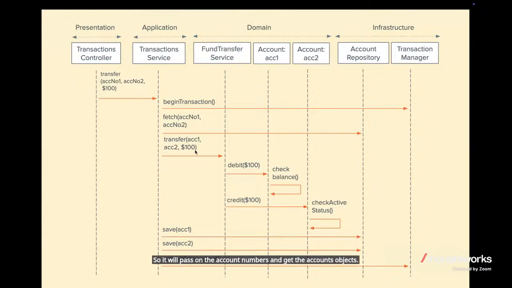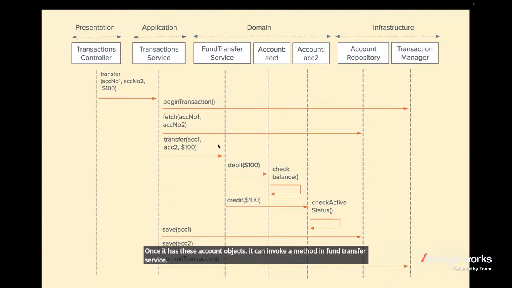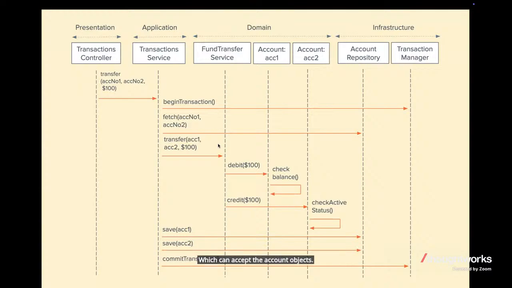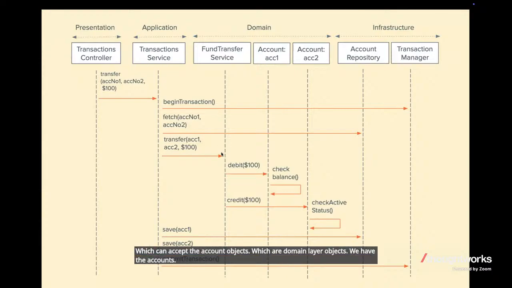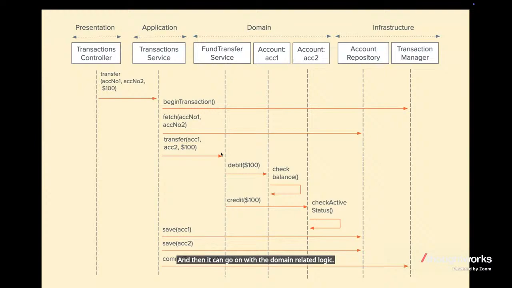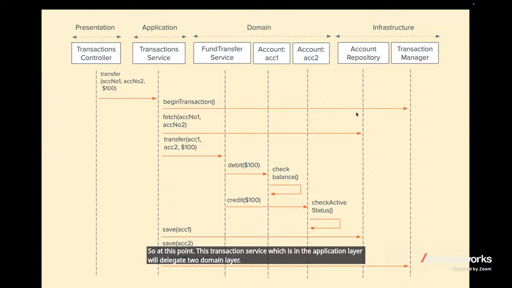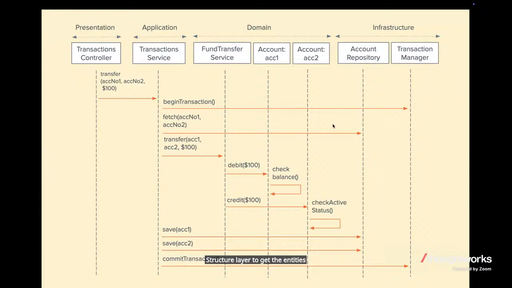Once it has these account objects, it can invoke a method in the fund transfer service which can accept the account objects, which are domain layer objects. We have the accounts, and then it can go on with the domain related logic. So at this point, this transaction service, which is in the application layer, will delegate to the domain layer. So far, it was delegating to the infrastructure layer to get the entities. And now it is starting to delegate to the domain layer.